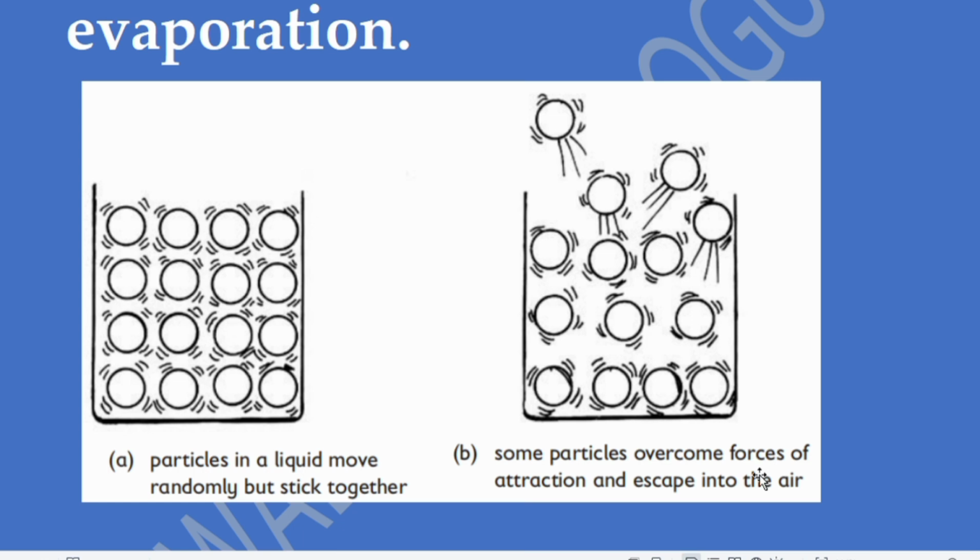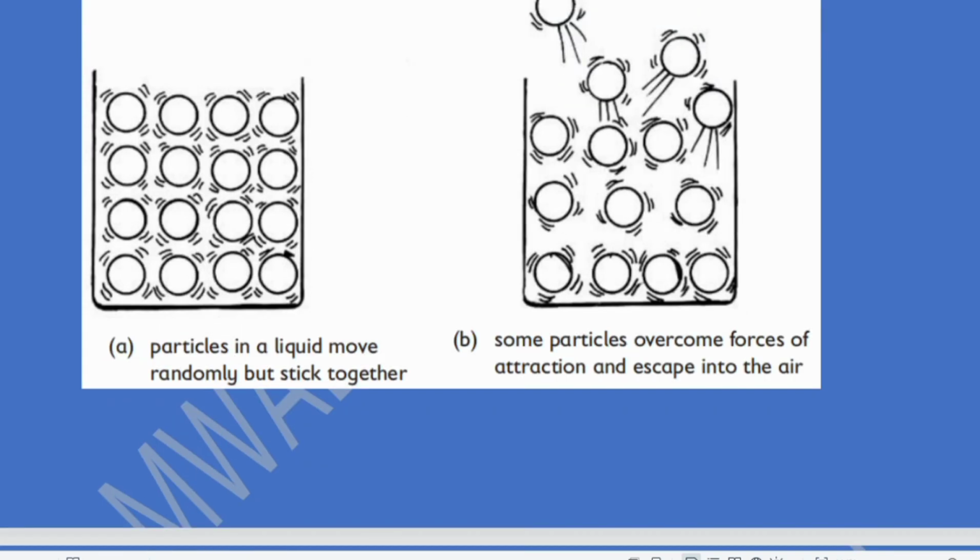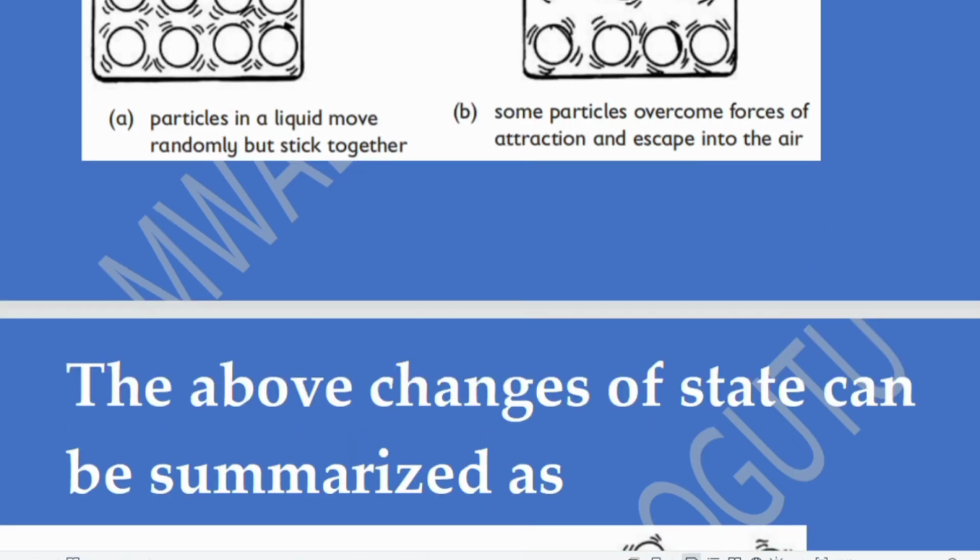Those particles that are escaping have overcome the force of attraction. The force of attraction between that particle and the other particles has been broken. Now it escapes. The escaping of the particles, we call it evaporation.